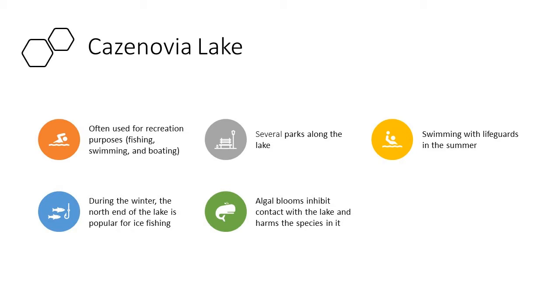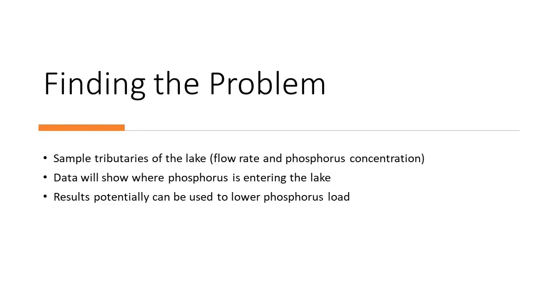I also read on the World Health Organization site that you should avoid eating fish from a lake that has a current bloom because they could have toxins in them. To find the problem of phosphorus entering the lake, a way to do that would be sampling tributaries of the lake to get the flow rate and phosphorus concentration.